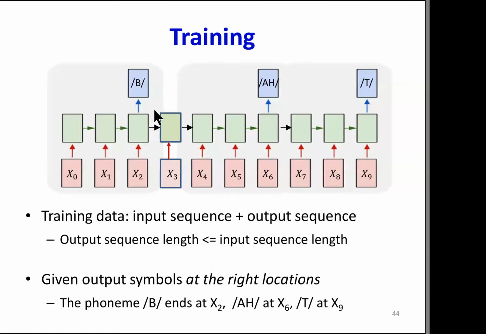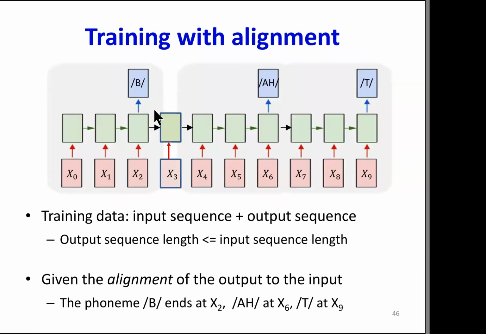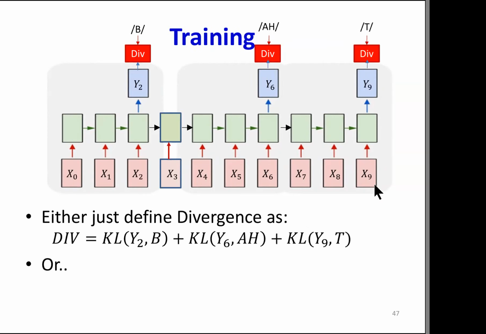So given training data, ideally, the training data must also have the alignment of the output symbol sequence to the input. It must say, for example, that B occurs at 2, R occurs at 6, T occurs at 9. When that is given, it's very easy to train your model. You just pass your input through the recurrent network.